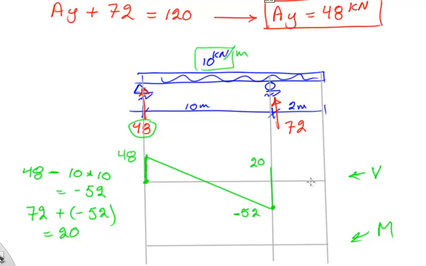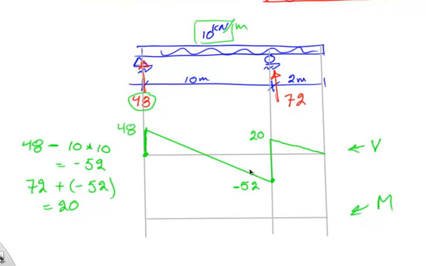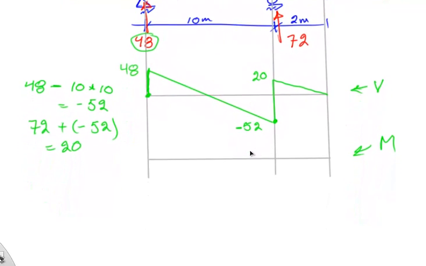And lastly, of course, at the cantilever end, it's going to be a 0, so it should look something like this. Okay, so basically that's the shear diagram. Let me go ahead and push this thing a little bit more so I have more room for the moment diagram.